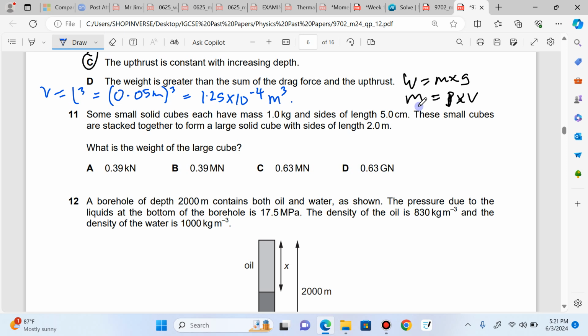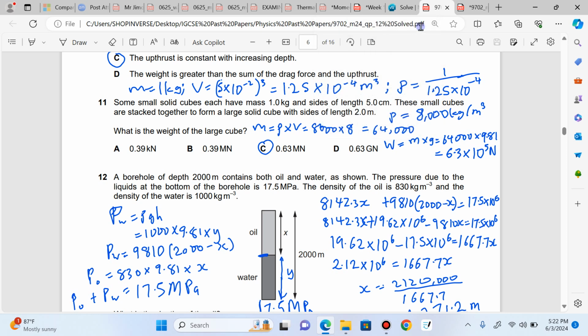We use the formula mass equals density times volume. We were given the density in the question. How do you get the density? The first thing we do is to calculate the mass of the cube.